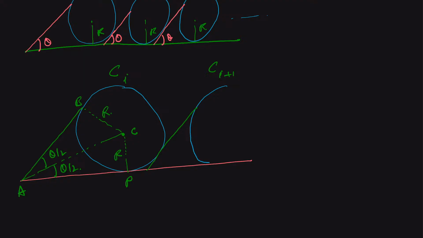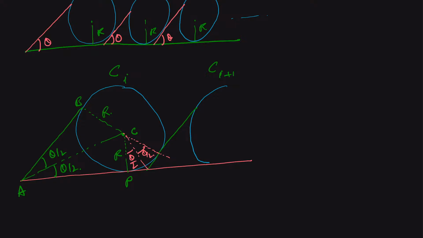On the other side also, because of the symmetry it will come like this, and if we join, this angle will also be theta by 2, and this will also be theta by 2.